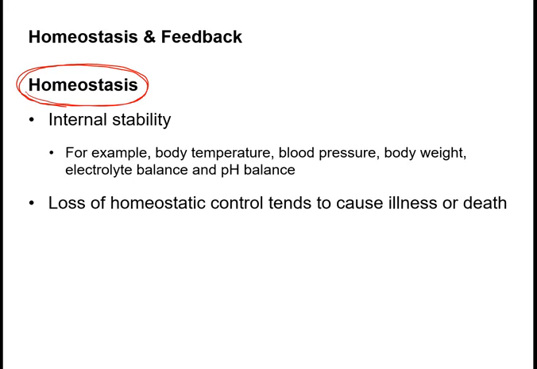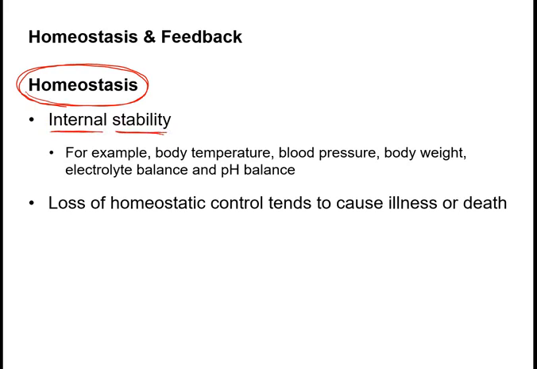What it means instead is that when there is a slight change that affects the normal, happy way our body wants to be, we have different mechanisms to pull us back into that perfect state that we are supposed to be in. So I really like using the term an internal stability. It's trying to keep things stable.